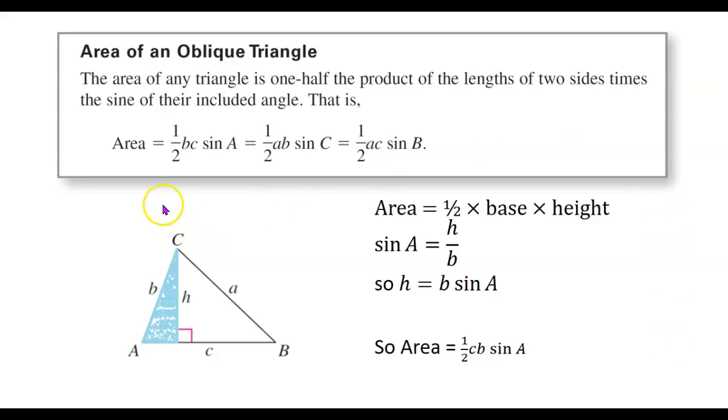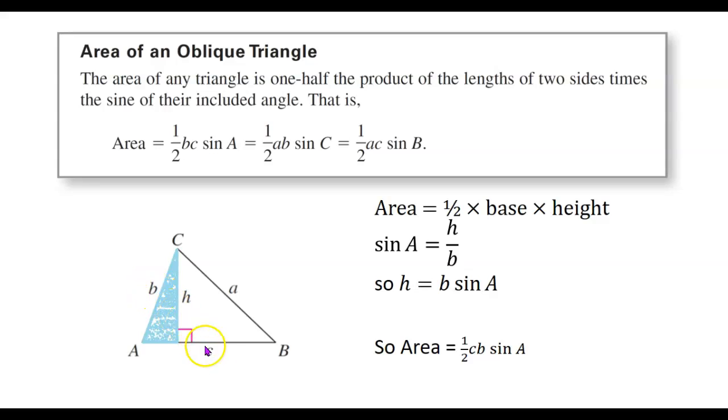Another formula we get as a bonus with the law of sines is an area for any oblique triangle, that is, any triangle that isn't a right triangle, if we know two of the sides and then the angle between them.